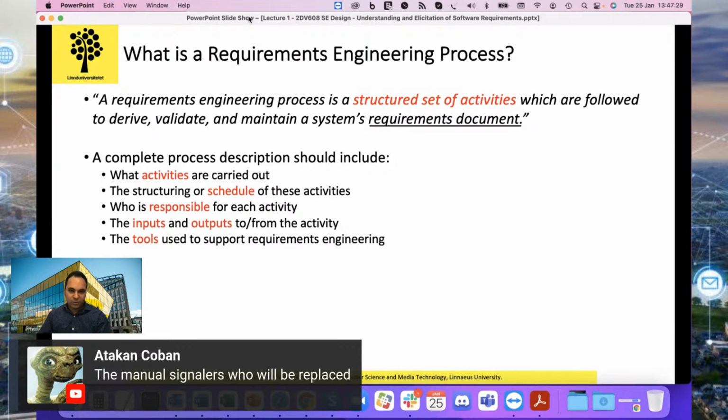So for each of those activities, you should have an estimated timeline, and then who is responsible for each of those activities, the inputs and outputs of those activities, and what are the tools that you will be using to support or perform those activities. So as you can see, requirements engineering does not mention these items, but when you are following a requirements engineering process, you have to include these items as part of your process.